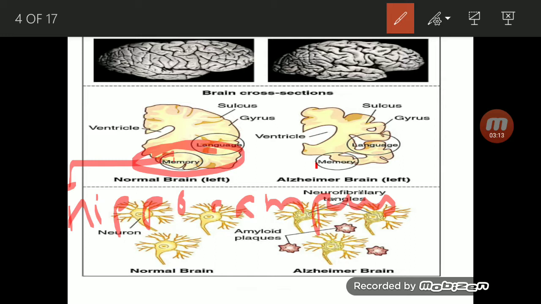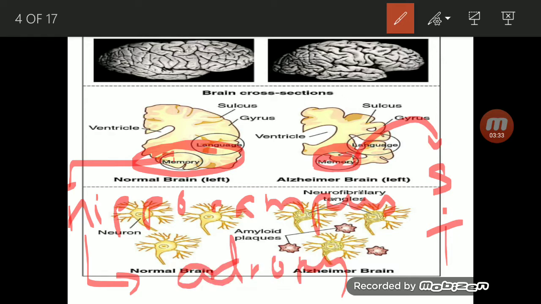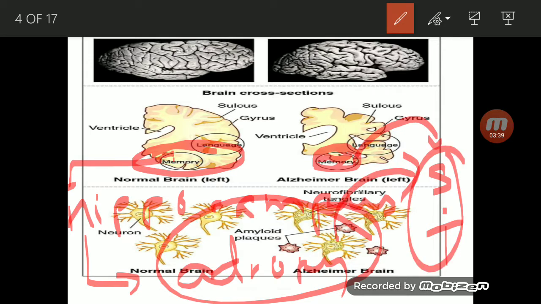Generally the type of memory that the hippocampus is associated with is short-term memory. In Alzheimer's there is also atrophy in the hippocampus, due to which it affects the short-term memory of a person, and as the disease progresses it is going to affect long-term memories as well. So first there was atrophy in the cortical area, second atrophy in the hippocampus.